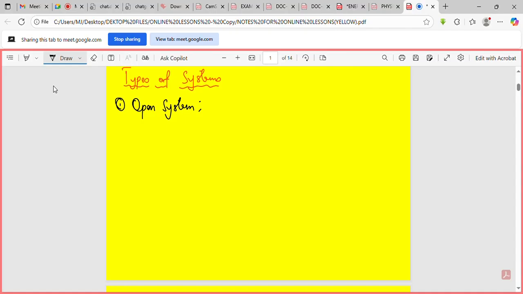That is heat that is moving. After some time, the tea gets cold. So there has been an exchange of matter and energy with the surrounding.